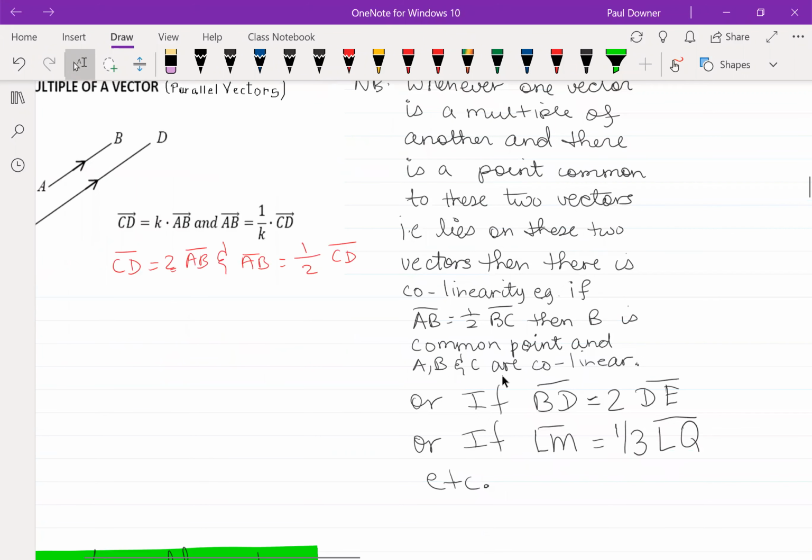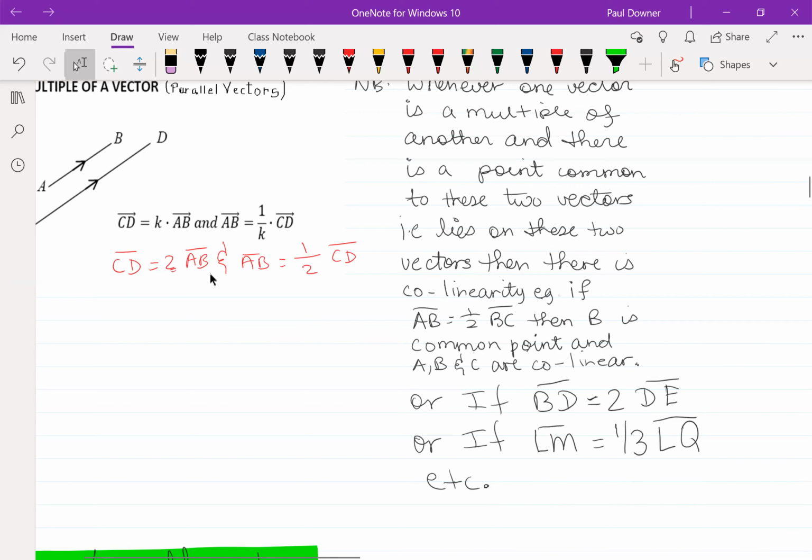So let's see what that means in vectors. Example, if AB is a vector, you know this little dash means a vector, and you could show that AB is a half times BC, then if you notice B is common. You're seeing B here and here. So not only are you showing that there's a relationship where one is a fraction of the other, one is a multiple of the other, like how we were saying here, but if you notice, there's a common letter. B is common here and here.